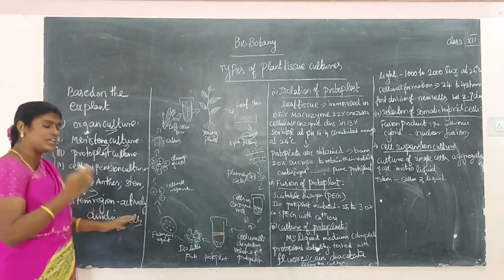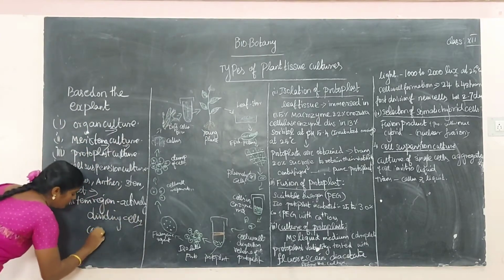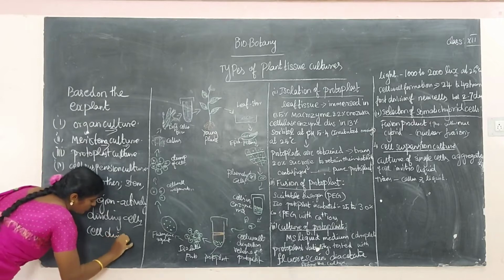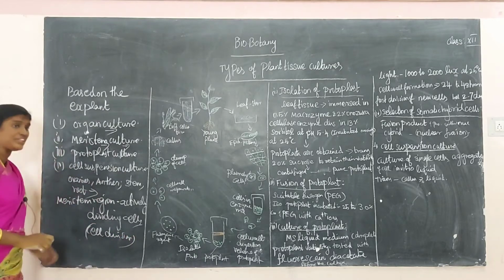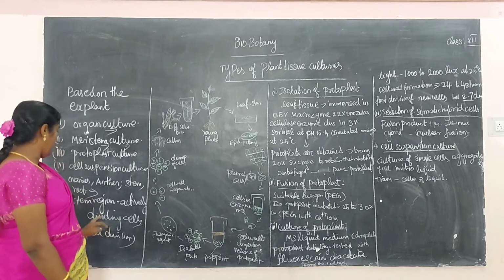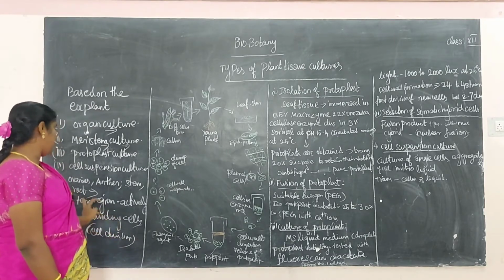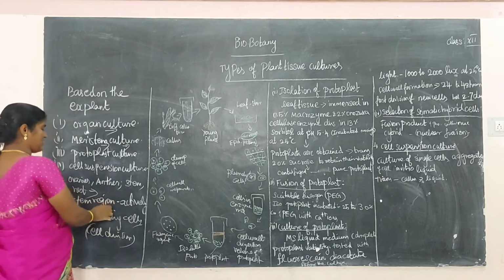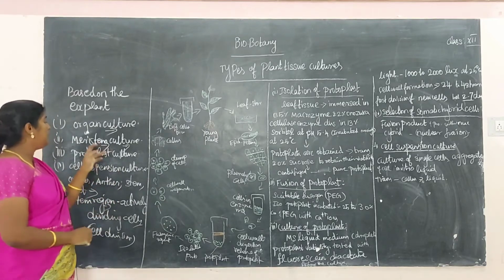Actively dividing cells make up the meristematic region. Meristematic regions used in the culture are called meristem culture.